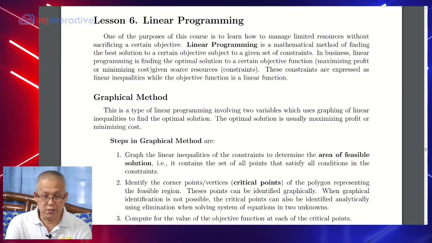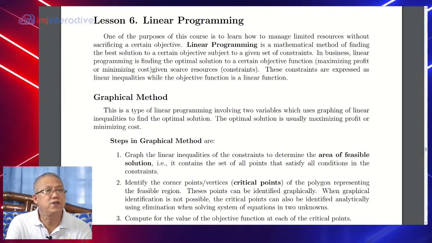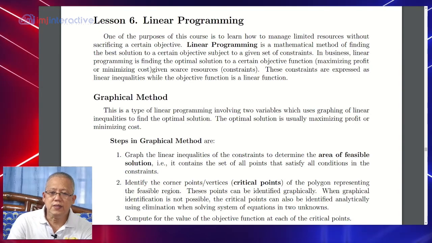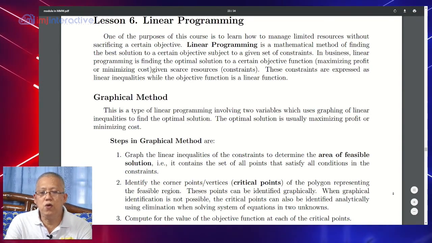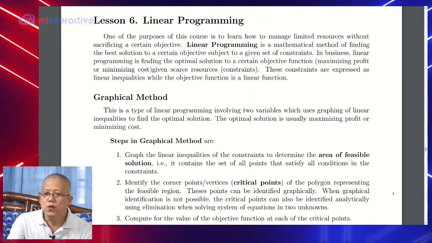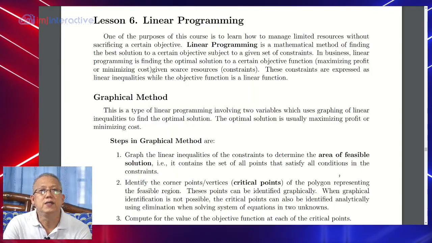So the first type of linear programming is the graphical method. This is a type of linear programming involving two variables, which uses graphing of linear inequalities to find the optimal solution. The optimal solution is usually maximizing profit or minimizing cost.